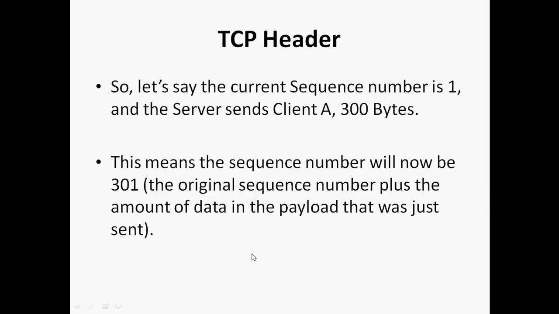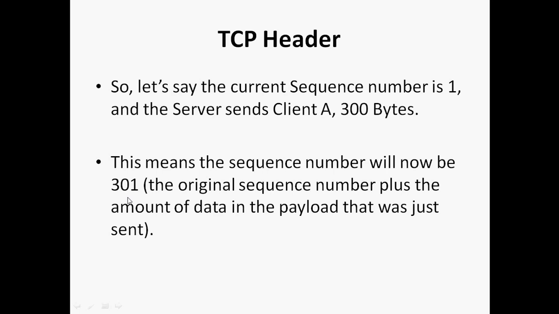Let's say the current sequence number is 1 and the server sends client A 300 bytes. The new sequence number is the original sequence number plus the amount of data in the payload just sent, so the sequence number will now be 301.